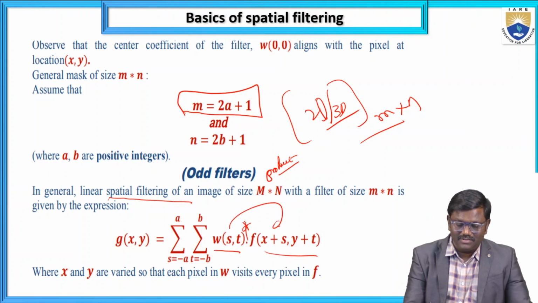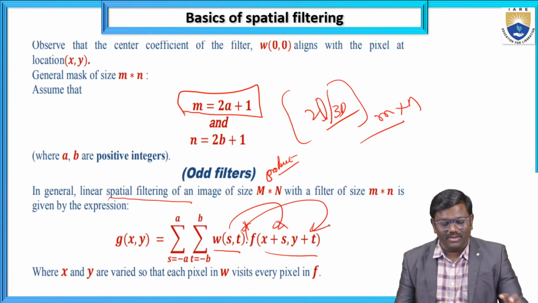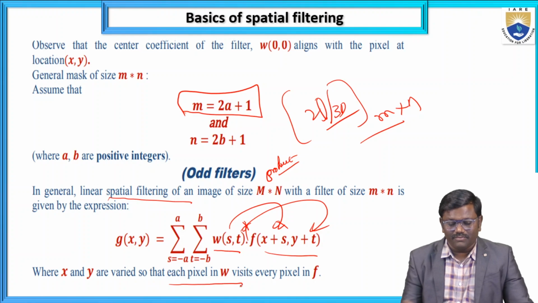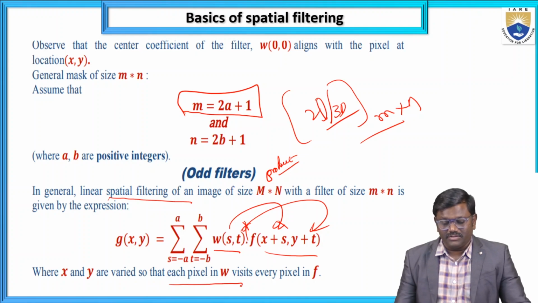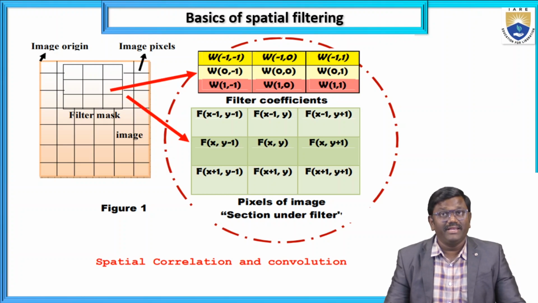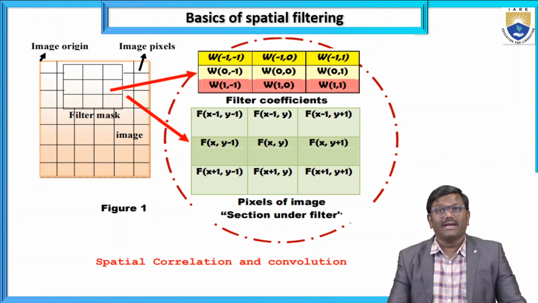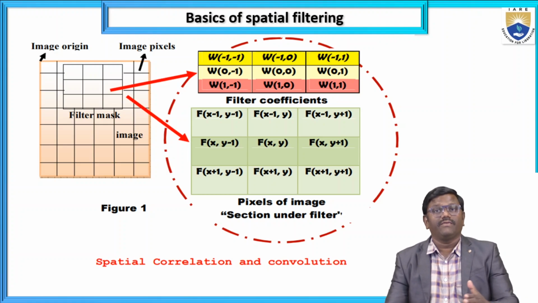Here s goes with x and t goes with y. So x and y vary, and w visits every pixel in the function f. I am extending that example to understand in detail how the behavior of the spatial filter concentrates on converting f of x comma y to g of x comma y.